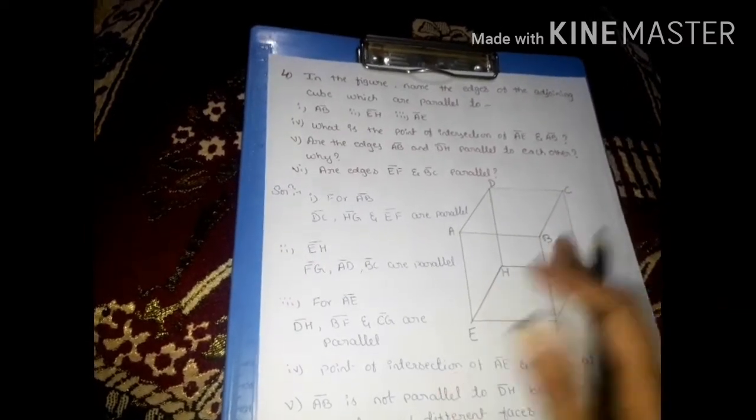And for EH, AD is parallel. These two are parallel to each other. Similarly, BC and EH are parallel to each other. For line EH, FG, BC and AD are parallel.